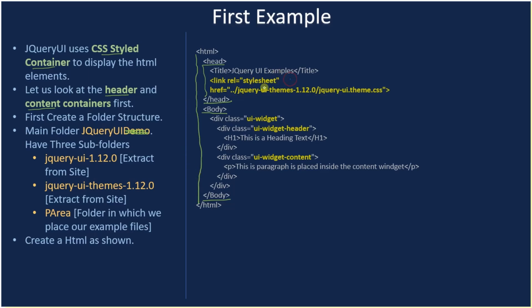Inside the HTML, there are some important things that we highlighted. In the link we are referring to the CSS style sheet, the jQuery UI themes. Then we are referring to a CSS file, or you can even refer to some other file of the theme package which we downloaded here.